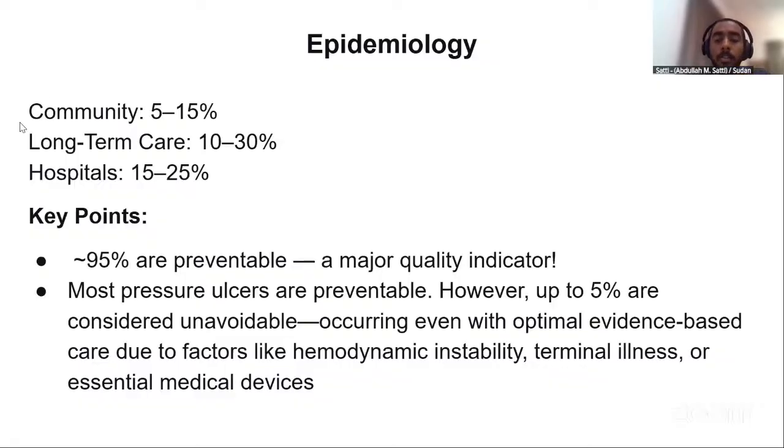Pressure ulcer, or PU, is a very common medical problem. It's prevalent in the community, in long-term care facilities, as well as the hospital. A case from the community: I remember when I was an intern, we had a patient, not elderly, 59 years old, female, with hyperlipidemia, who presented with a pressure ulcer in the sacrum.